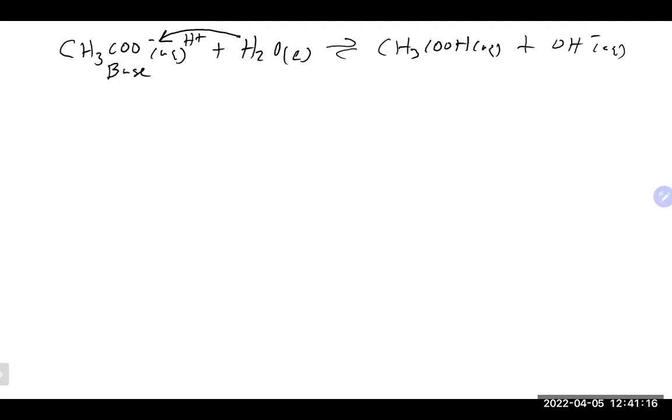Yeah, OH minus, which means it probably should be basic, yeah? So as soon as I see this, even before I pick up my calculator, I know my pH should end up being basic because I'm generating hydroxide. That's the importance of understanding how to do these equations, because you should know where you end up at the end.